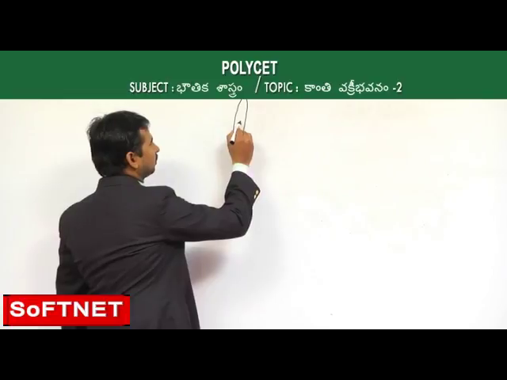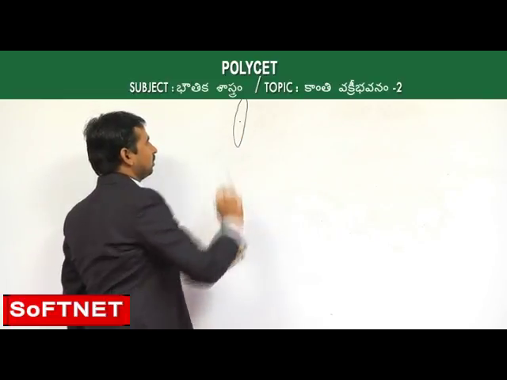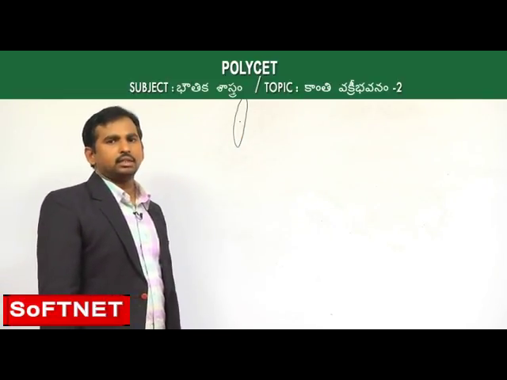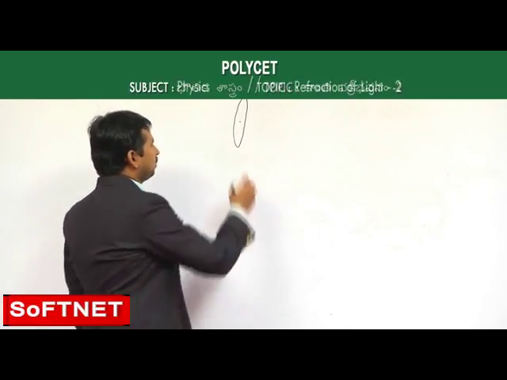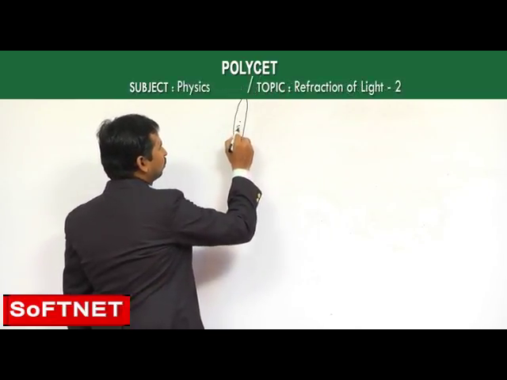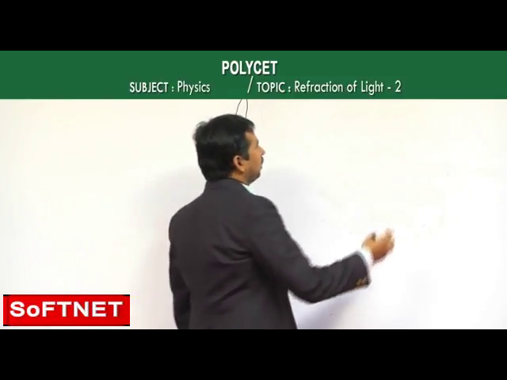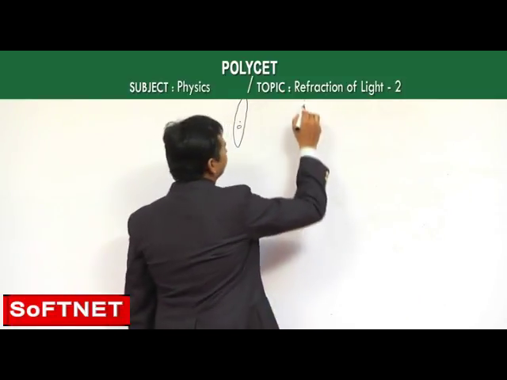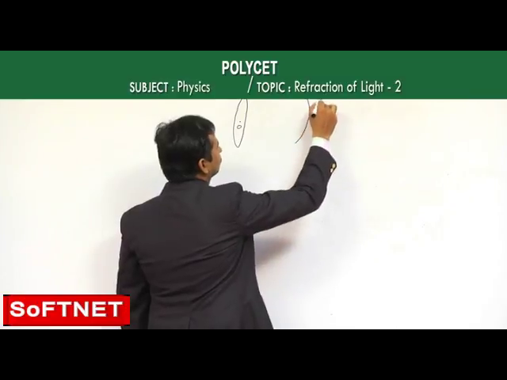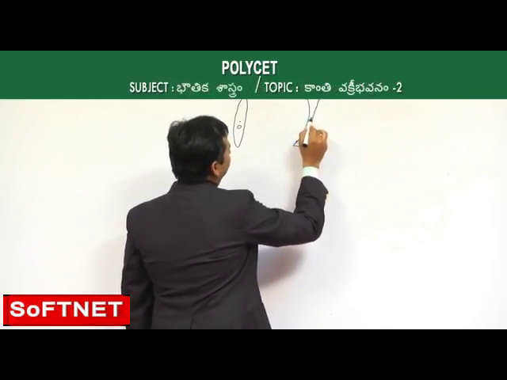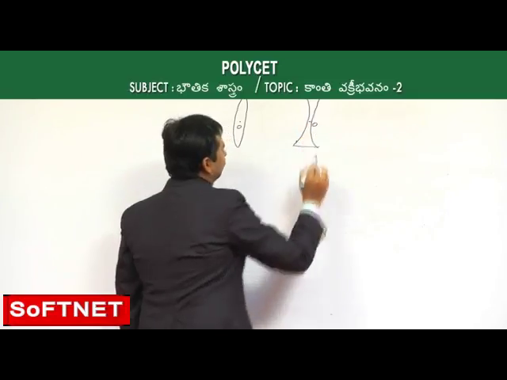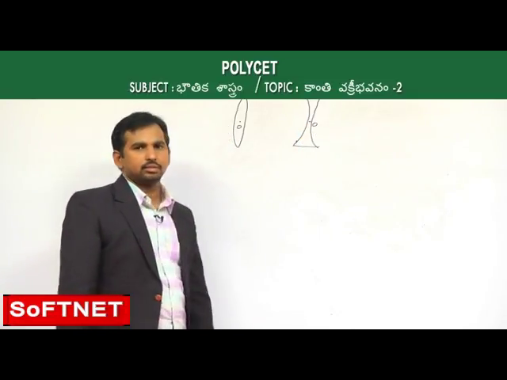This point we call the optic center, or the center of the lens, and it is called O. Or if you are taking a double concave lens, this point is also called O, the optic center.